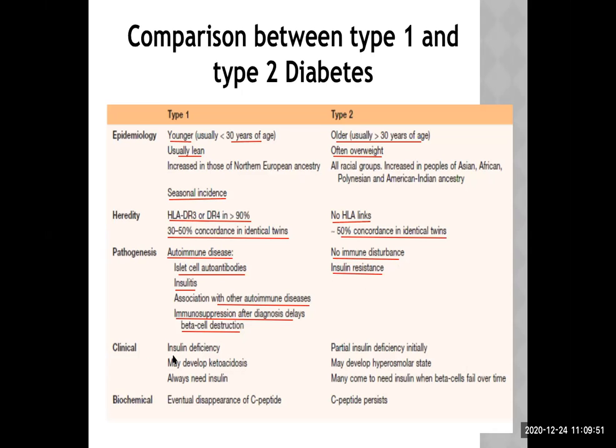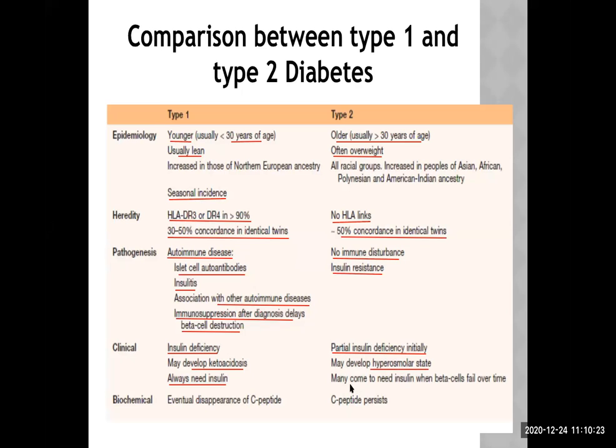Regarding the clinical features, there is absolute deficiency of insulin. It may develop ketoacidosis if it is not controlled, and it always needs insulin for the treatment. Without insulin, I already told you, these people are going to die. Whereas in type 2, there is partial insulin deficiency, and it may develop a hyperosmolar state. This is not ketoacidosis. This is different from that. We'll talk about this during our complication part.